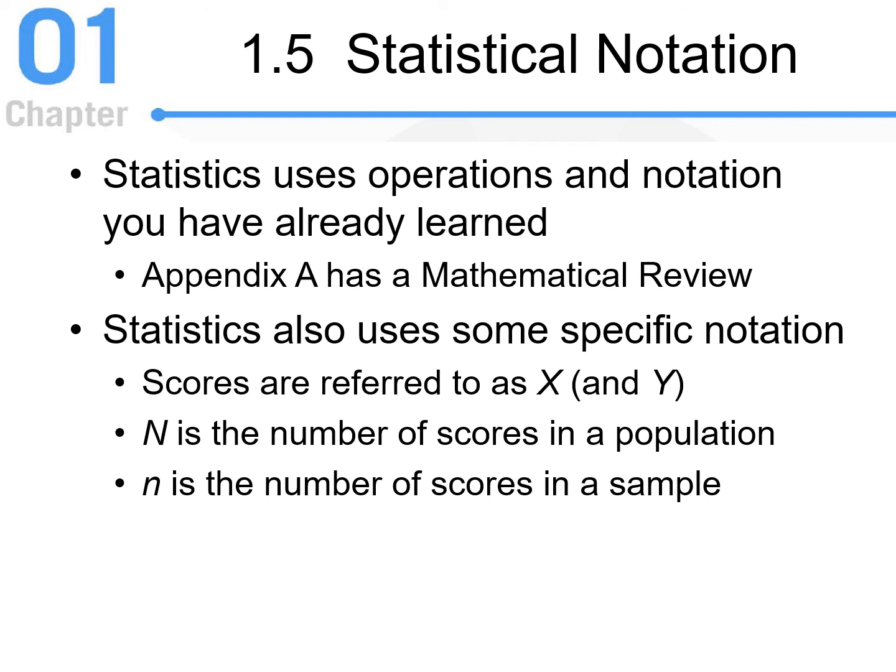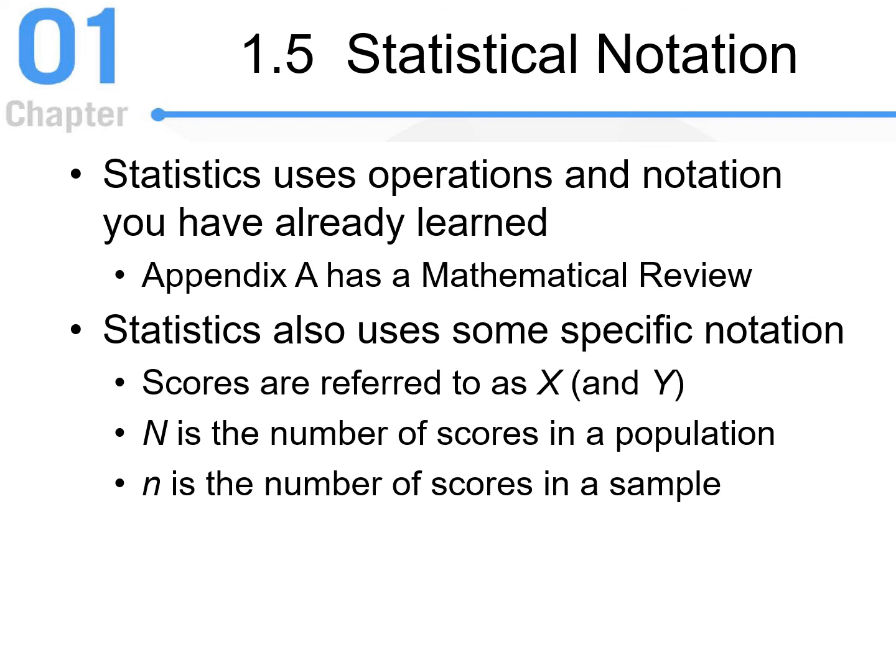It's arbitrary, but we generally refer to it as X and Y. So when I do a correlation, it's usually X and Y. When I do the mean of a variable, I usually use X to represent the score. X represents the raw score. N is generally the number of scores in a population, capital N, and lowercase n is the number of scores in a sample. So those are just some basic statistical notation.